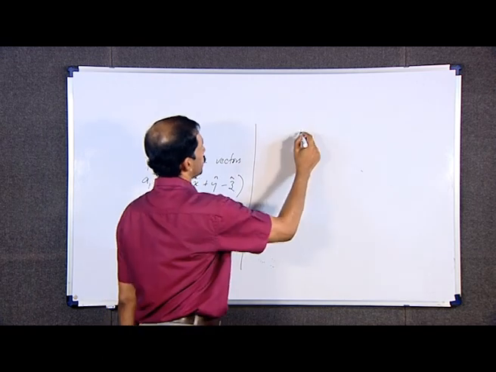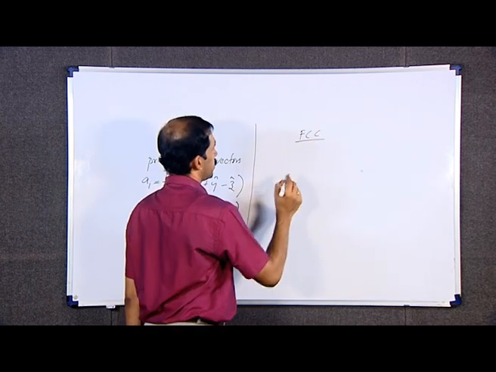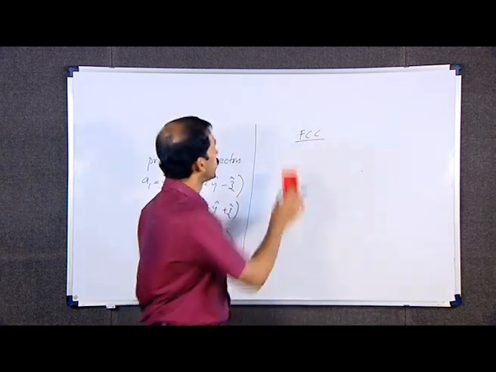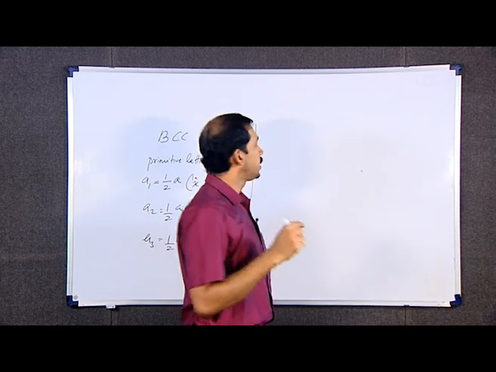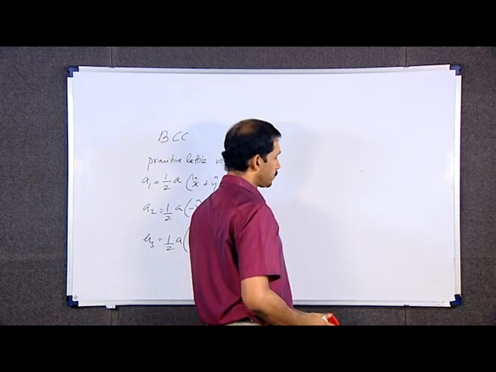the primitive lattice vectors for an FCC also. So, that is helpful for you when you try to evaluate by yourself the primitive lattice vectors for a FCC. So, what are those?